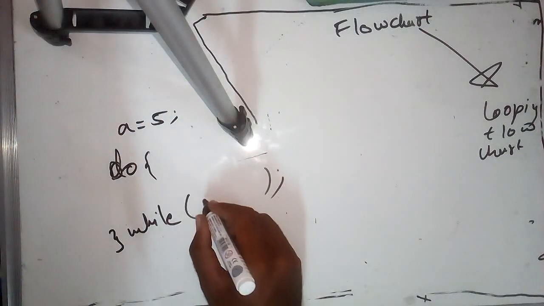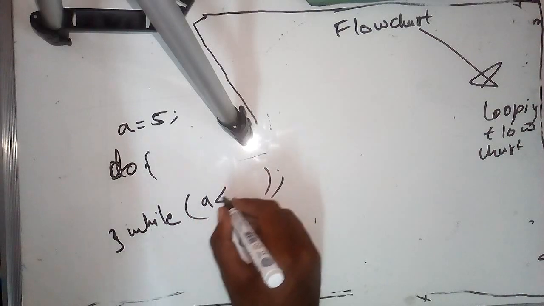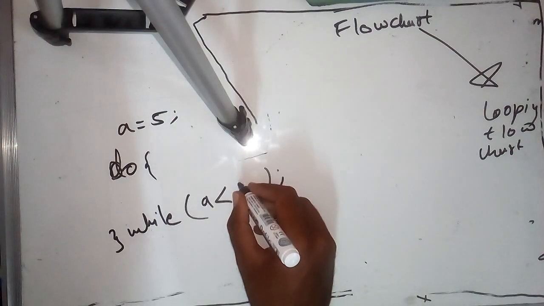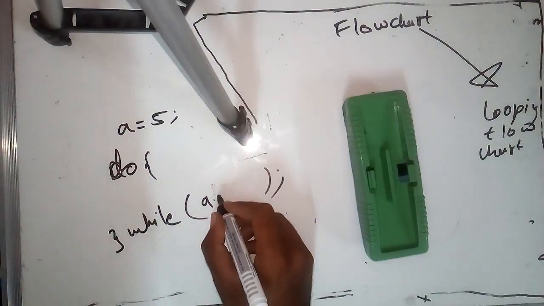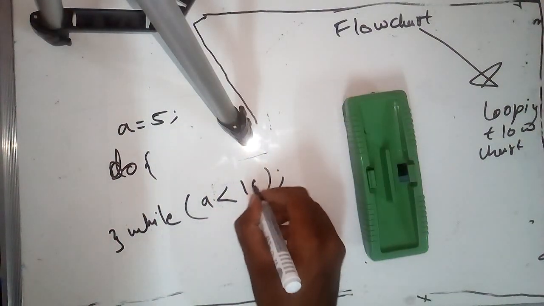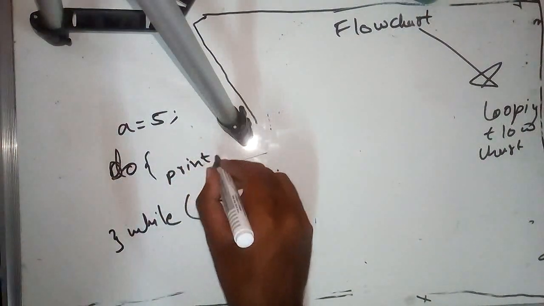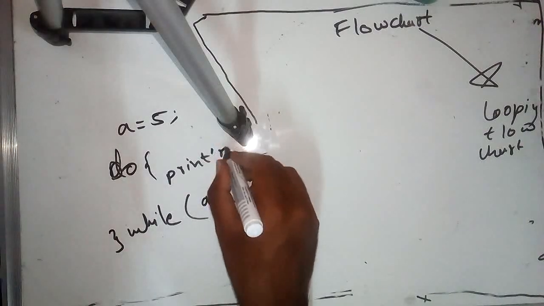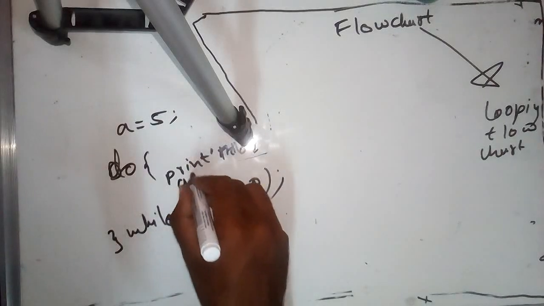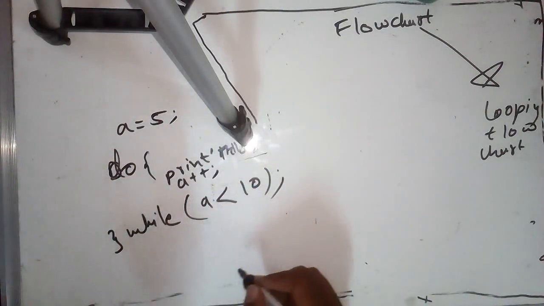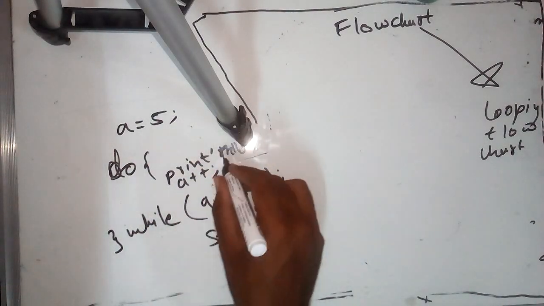While the value of a is less than 10, what do you do? Print hello, and increment a. So what this code will do is, the initial value of a is 5, it will print something, that is hello.